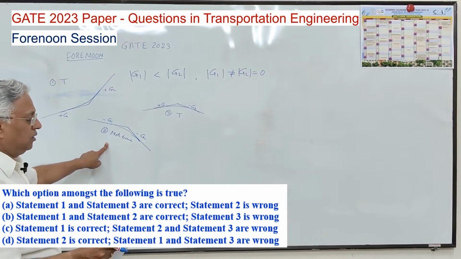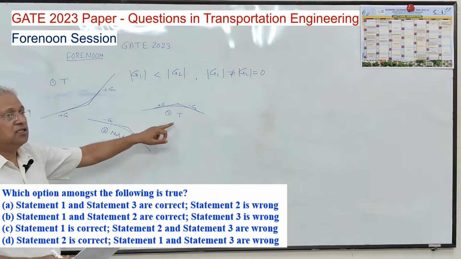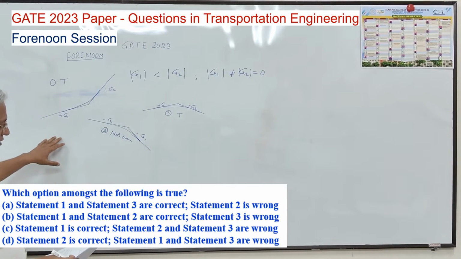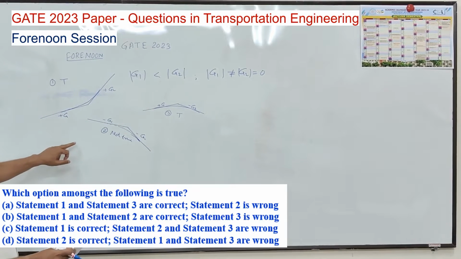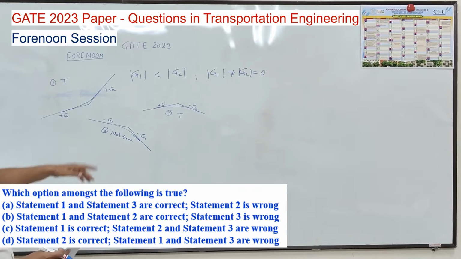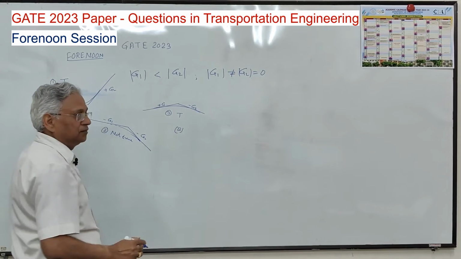Third is statement 1 is correct, statement 2 and 3 are wrong: 3 is not wrong, so it's also ruled out. And the last, statement 2 is correct: this is not correct, so it is also ruled out. So only option A is the correct answer.